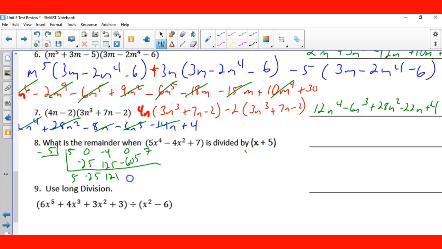And 0 minus 605 is going to be -605. And -605 times -5 is actually +3,025. All right, so I have 7 plus 3,025.